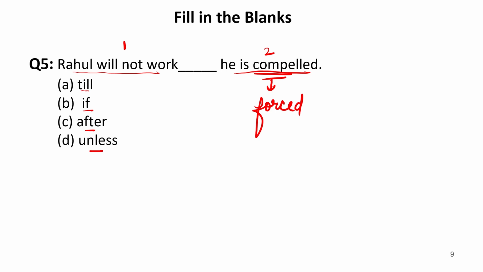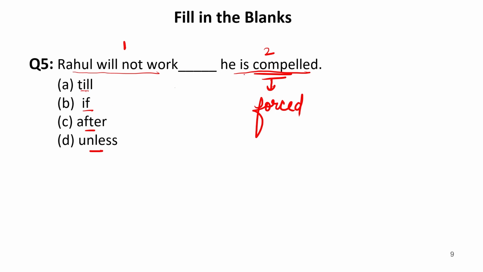If is used when one thing depends on another. Here, nothing depends on another. If I write Rahul will not work if he is compelled, it means if Rahul is forced, he will not do any work. It shows contradiction. So this is not a suitable conjunction over here.